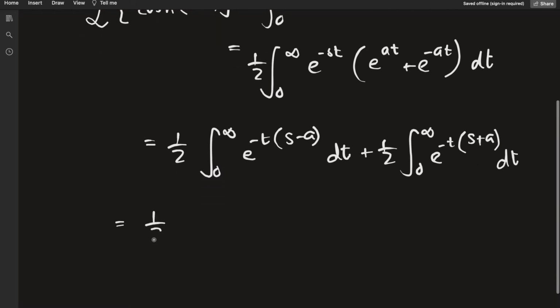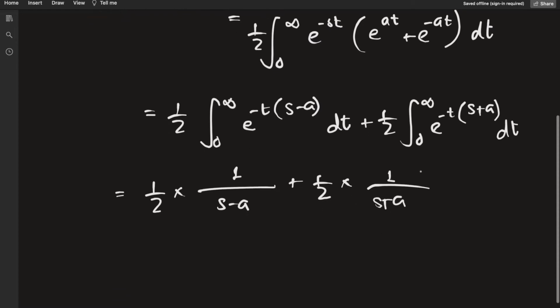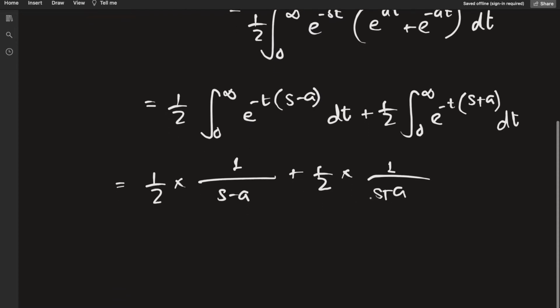So this thing becomes 1/2 times, well, s minus a. If you evaluate the exponential from 0 to infinity, you just get a 1 plus 1/2 1 over s plus a. If you don't believe me, you can do it on a piece of paper, it's fine.